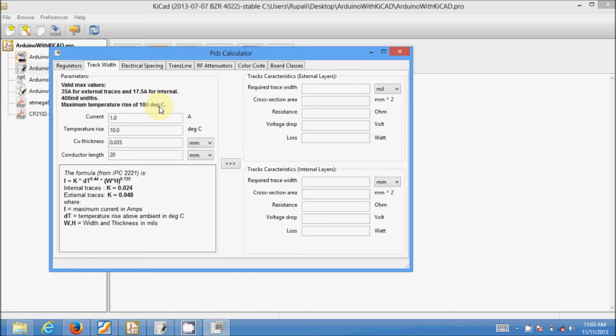There are different factors which govern the current flow. If we imagine a track to be 3D, let's put up a sketch and see what things will affect or govern the track width.